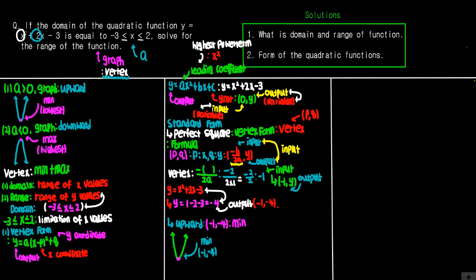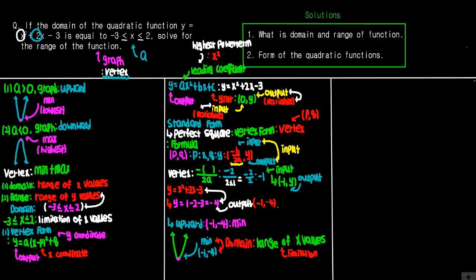So, as we can see, the domain of our quadratic function is the range of the x value, which means we know that the quadratic function keeps going upward and never intersects, but then we're thinking about the limitation of the graph.